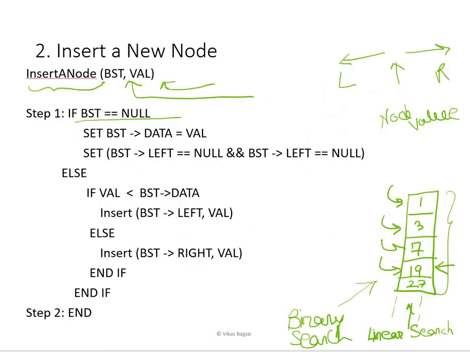So this algorithm sets the value and makes the left and right pointers null, in both cases, because if it is not null, that means I have some more values and that particular thing fails because the comparison is not done.